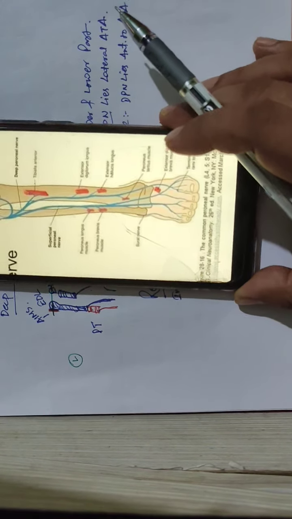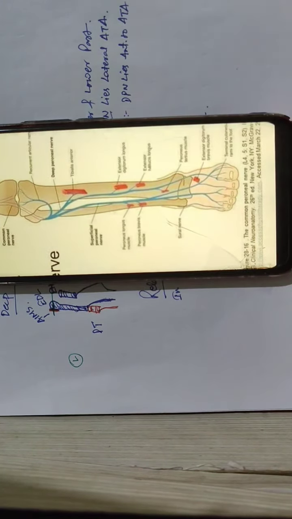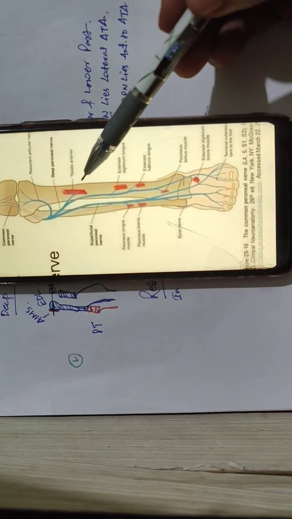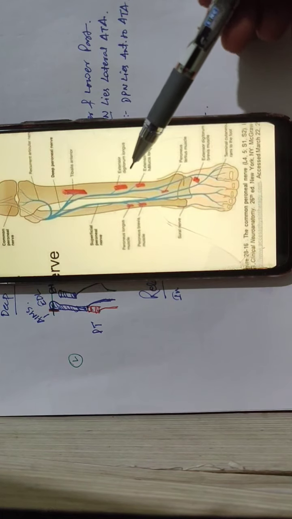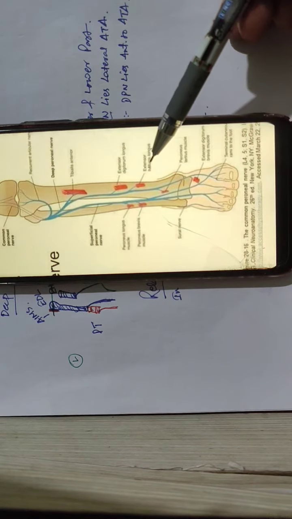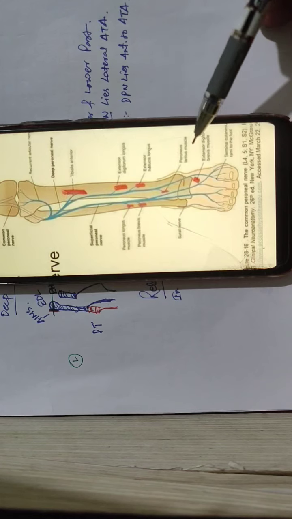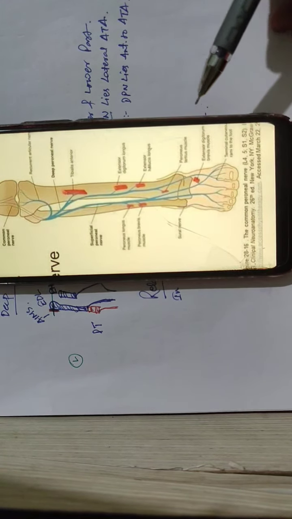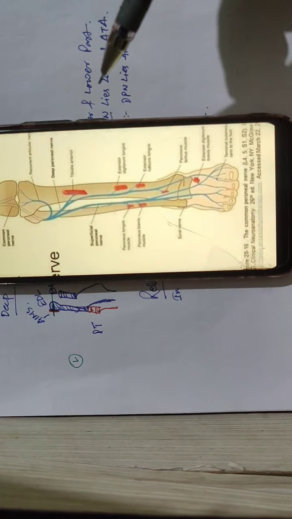So in case of the deep peroneal nerve, what are the muscular branches? It supplies all the muscles of the anterior compartment of the leg, which are the tibialis anterior muscle, the extensor digitorum longus muscle, then extensor hallucis longus muscle, then peroneus tertius muscle, and in the foot, the extensor digitorum brevis muscle. And it also gives the cutaneous branch, and the cutaneous branch mainly supplies the skin of the first interdigital cleft.